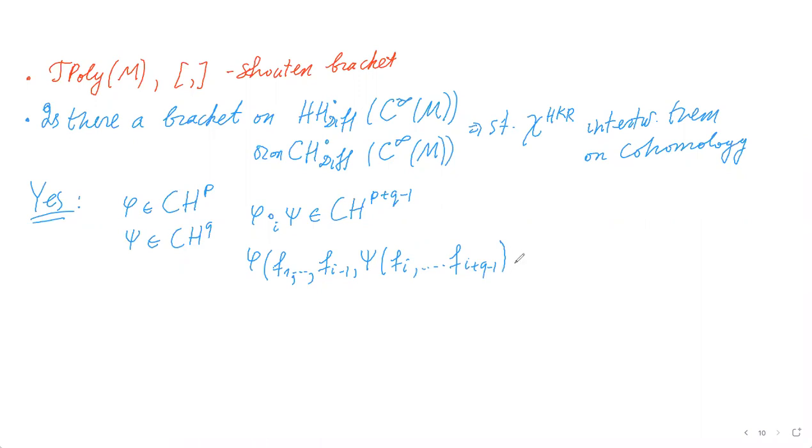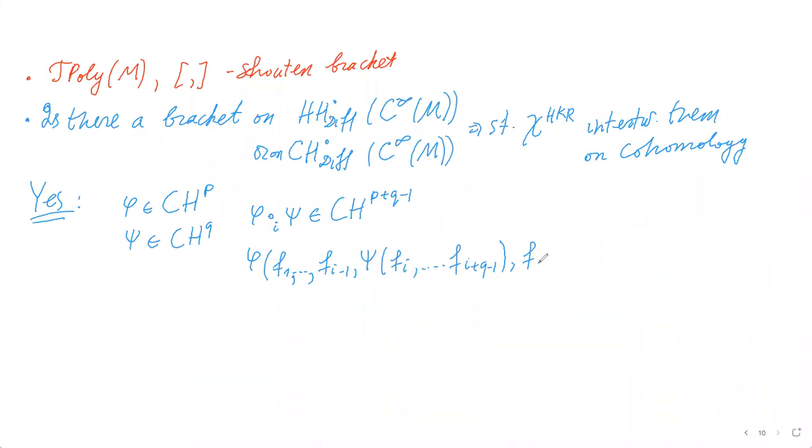But then you top it with the remaining elements. So you have i elements, you still need p minus i elements.